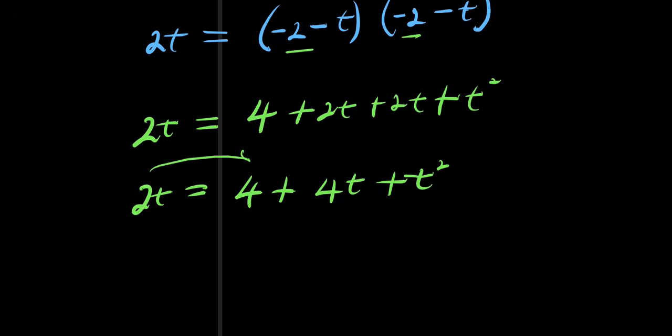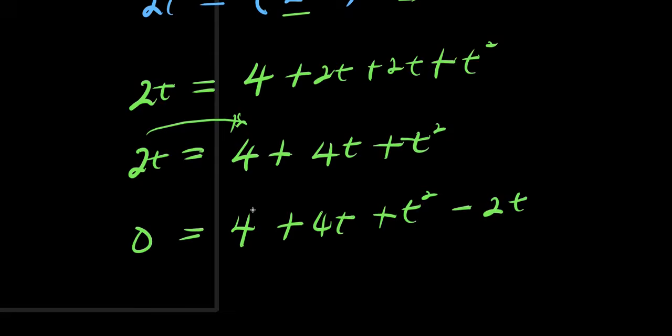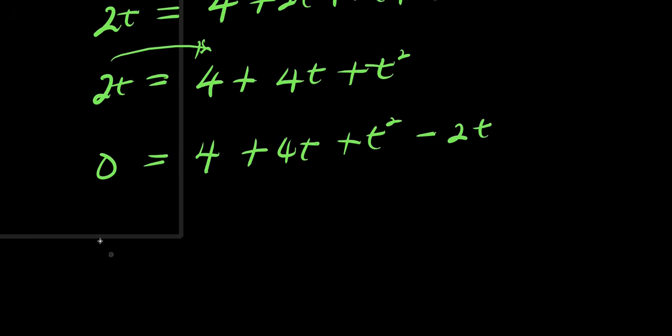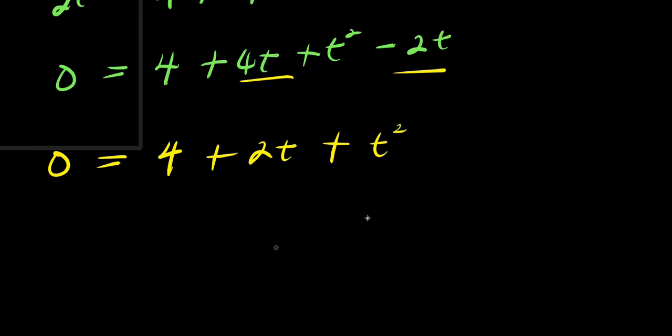Now I move this over here. I have 0 equals 4 plus 4t plus t^2 minus 2t. So from here, I have 0 equals 4, this minus this is plus 2t, plus t^2. So let's rearrange this.